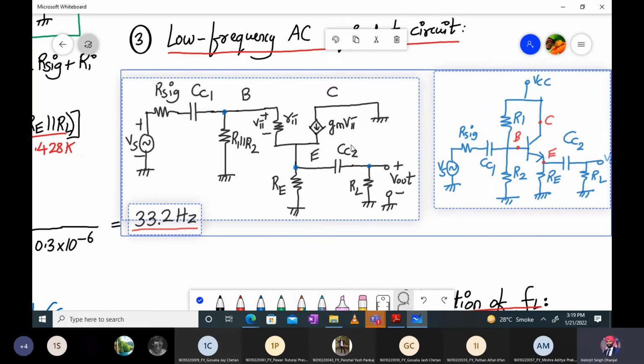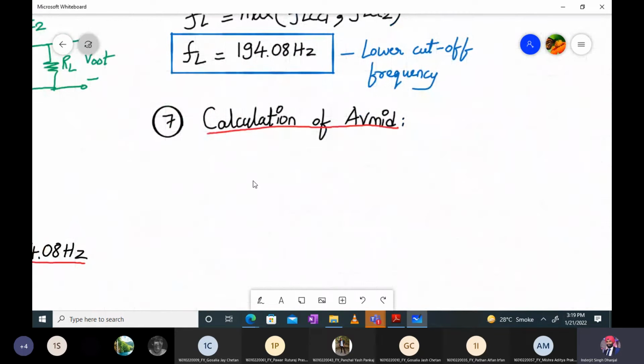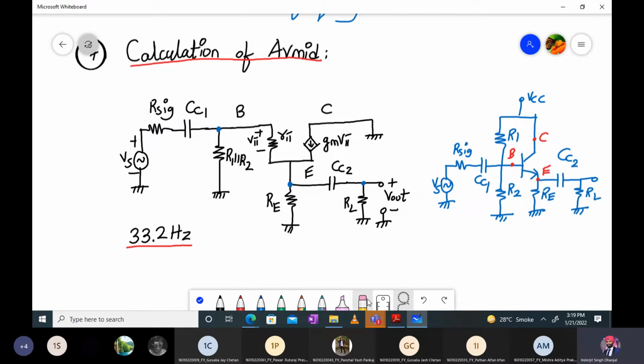Let me copy this, go down now, and paste the circuit over here. Then from there, I will remove the capacitors. Capacitors are not present in the mid-frequency equivalent circuit. Okay, fine. This is what we get.